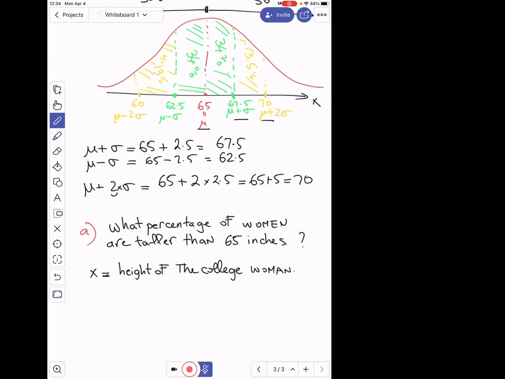Here we want the percentage of women taller than 65. Taller than 65 means more than 65 inches. So we want the probability that x, the height, is more than 65.